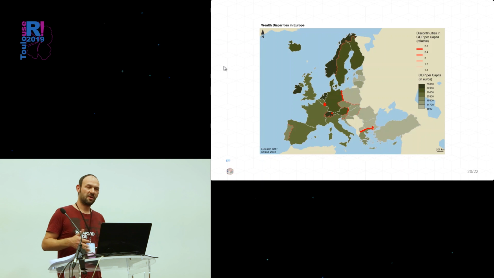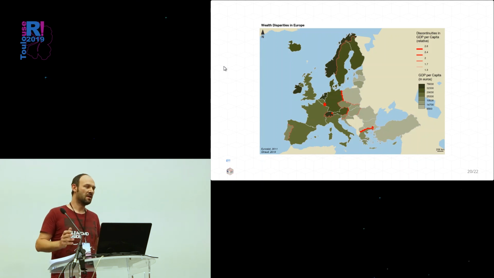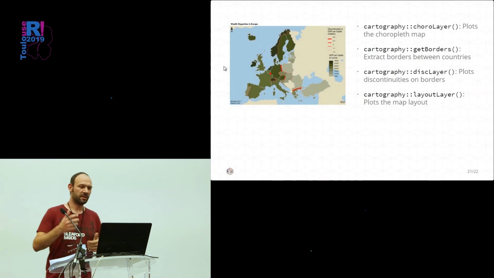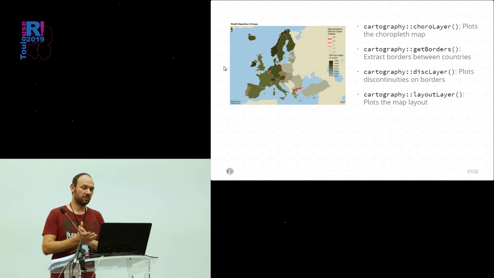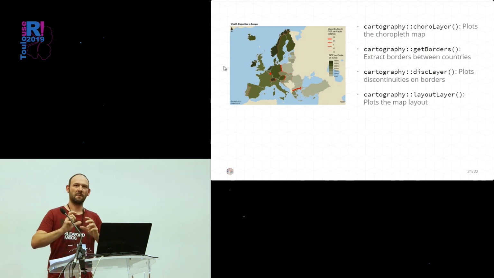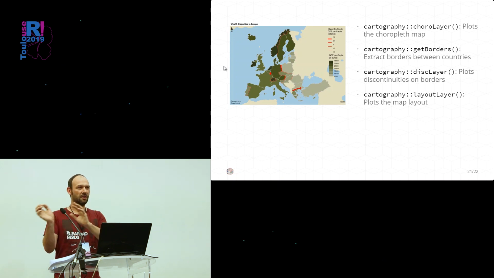This kind of map was not easy to create with GIS tools. Extracting borders was not very simple, and to do it in a reproducible manner was not possible. So we created the function called getBorders that extracts the borders of polygons with identifiers of regions on both sides of the border.